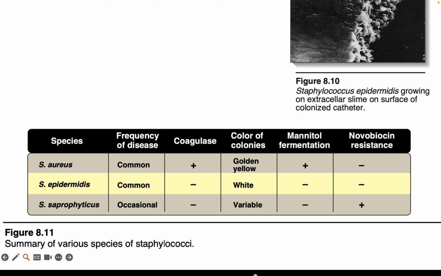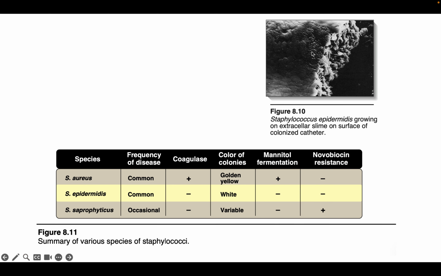The organism that can ferment mannitol is Staph aureus, and the color of colonies in Staph epidermidis is white. And this figure right here is Staphylococcus epidermidis growing on the extracellular slime on the surface of a colonized catheter.